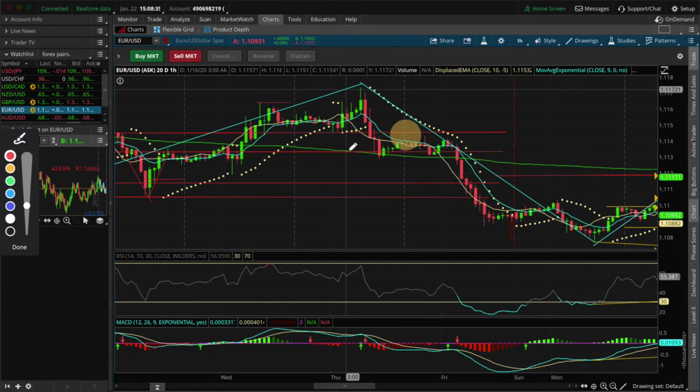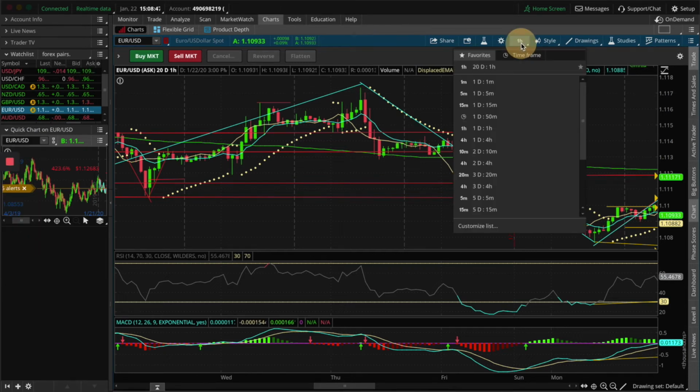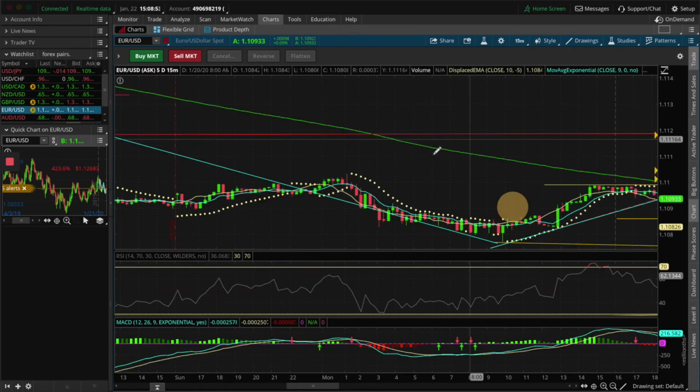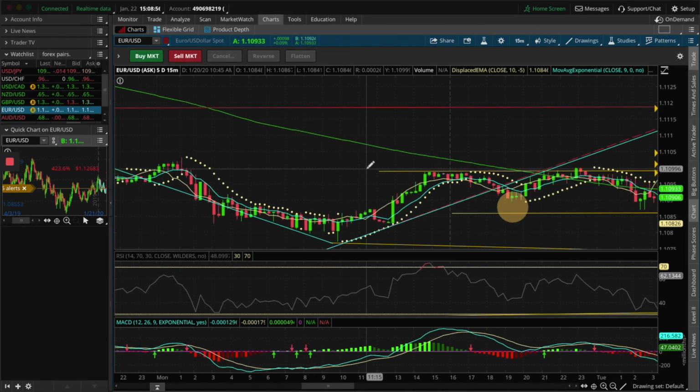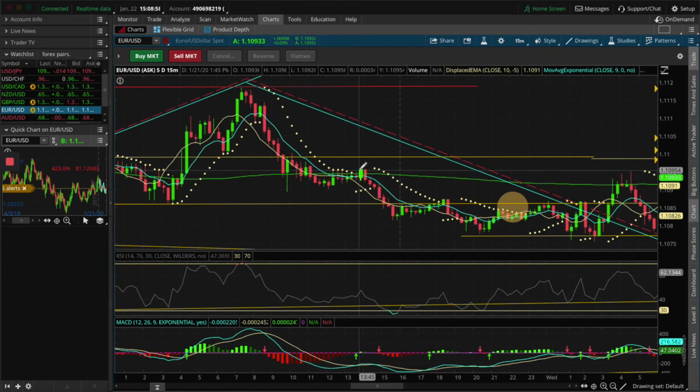Also, this is a wider chart, this is a 20-day 1 hour market. So let me pull it up on like a 15-minute chart, to provide a better look.